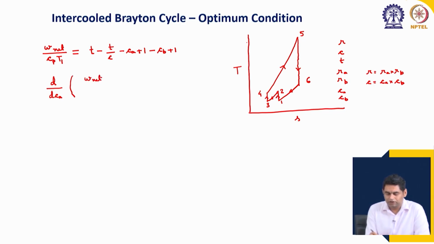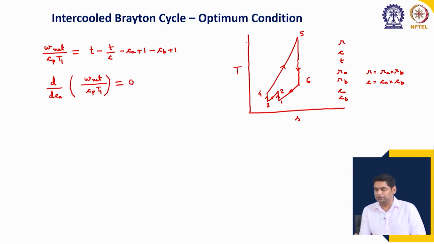So, d by dCA of W net by CpT1, with respect to CA or CB, anything is okay, because both CA and CB are related. If we take it with respect to CA, automatically the effect of CB is also incorporated into the calculation. So, what is this value?